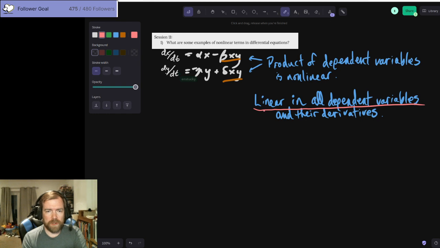And when we say linear in all dependent variables, this also does include terms that have what else multiplied onto it.